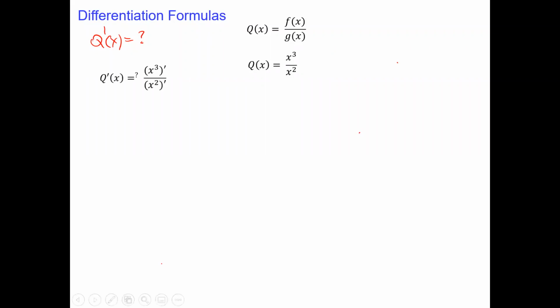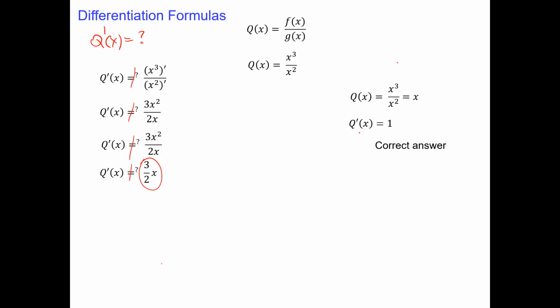But what I was trying to do was differentiate the top and the bottom, thinking that the derivative of the quotient is the quotient of two derivatives. We have 3x squared on the top, 2x on the bottom. When we simplify, we will get 3/2 of x, which of course is not correct, because this is just x, and the derivative is 1.